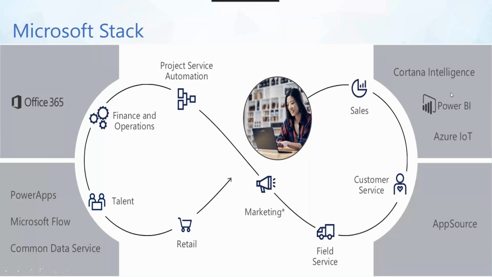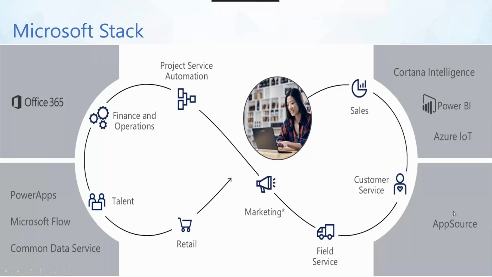Cortana Intelligence sits outside when I start to talk about the forecasting capability in terms of forecasting demand to support the inventory needs you have to support your customer sales. We'll use some of these components, Cortana Intelligence, Power BI again as part of that, and then Azure IoT.